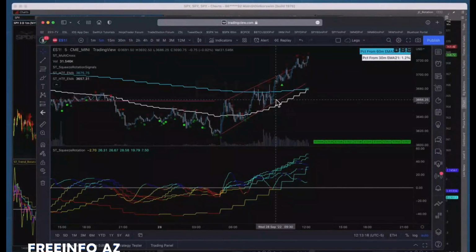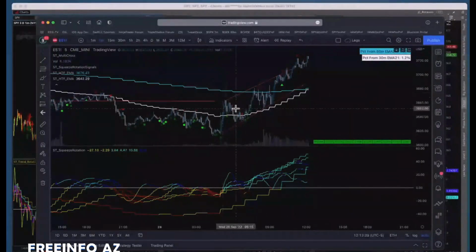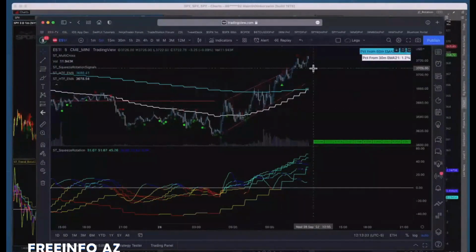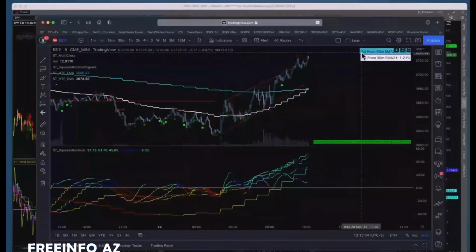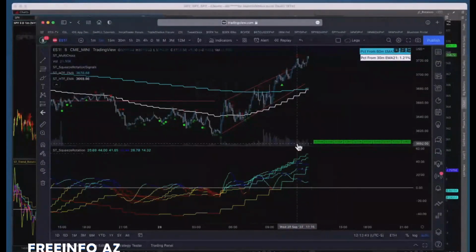If I make an update to the Thinkorswim indicator and allow the price bar coloring to be customized, I'll do the same thing in TradingView. But over on TradingView now, you can set up your charts exactly the way John has. We've got the EMAs, we've got the EMA labels, and I did the multi-cross for TradingView as well. So everything is all there if you want to set it up on TradingView.